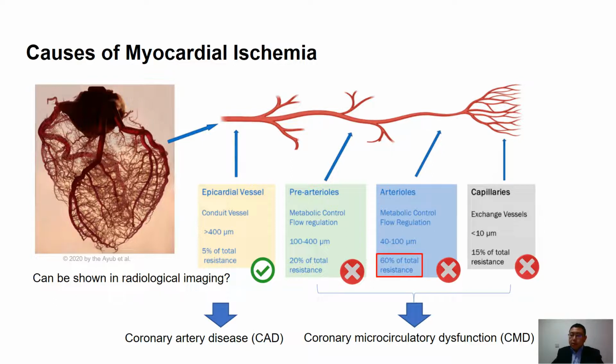When there is any narrowing in the epicardial arteries or abnormal contraction in the microcirculation, the myocardial blood flow will be largely reduced. Therefore, coronary artery disease in the epicardial arteries, or CAD, and also coronary microcirculatory dysfunction, or CMD, are the two main causes of myocardial ischemia.